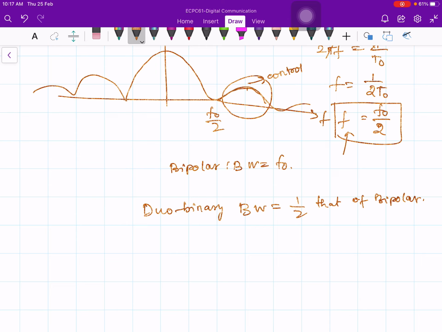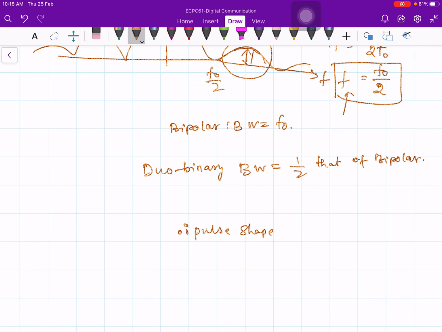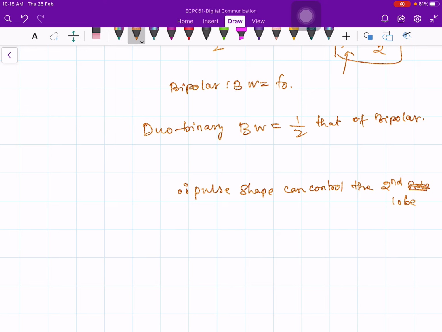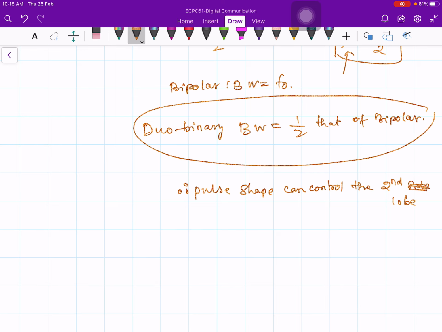Maybe you can reduce this height, make it small by appropriate shaping of the pulse. So the key point is the pulse shape can control the second lobe. Okay, so this is one property. So the first important point that we understand is the bandwidth is half that of the bipolar.